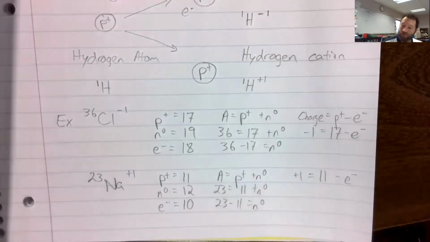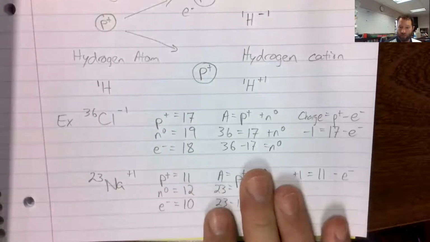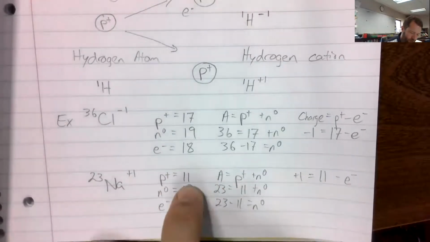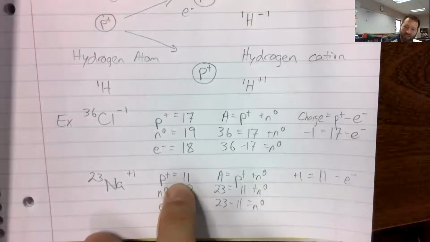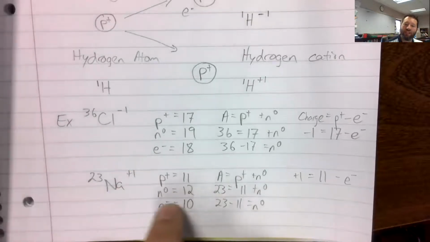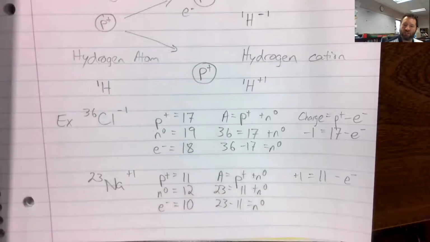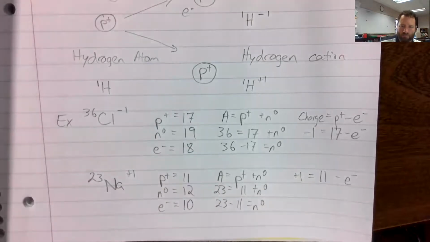Well, 11 minus 10 is going to give us that. Again, I usually don't do the math for the electrons, and you don't have to do any of the math as long as you're getting it right. I just look at it and I say there's 11 protons. We have one more positive than negative. I've got 11 protons and 10 electrons.